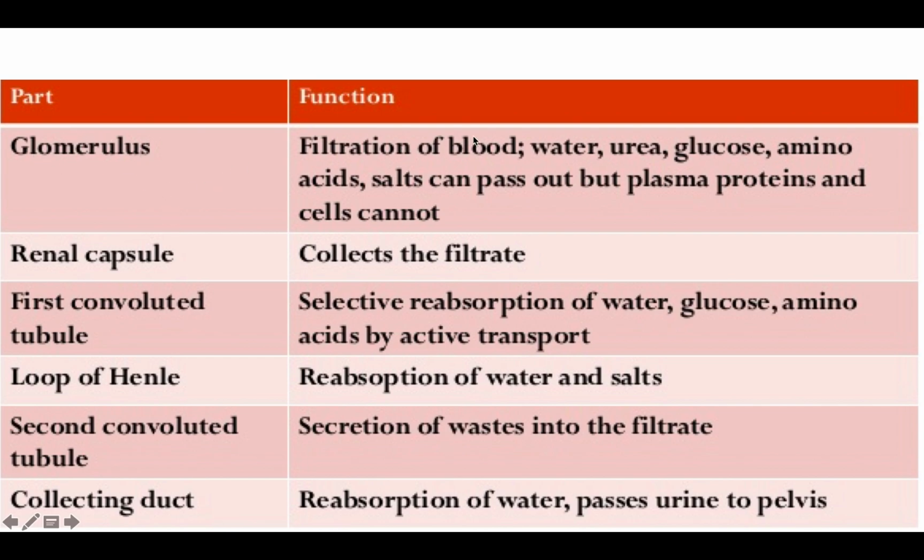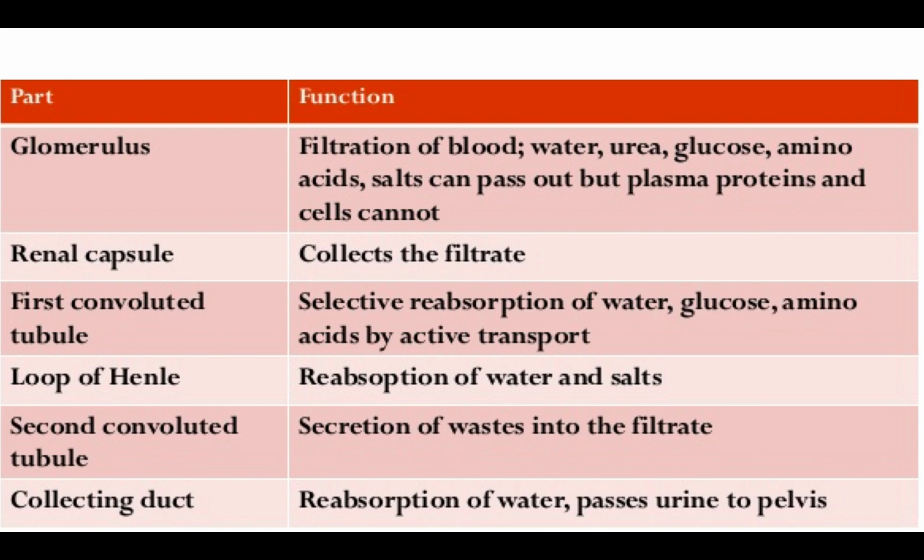The glomerulus is going to be the filtration of blood, water, urea, glucose, amino acids. Salt can pass, but plasma proteins and cells cannot. All of this is going to pass into the renal capsule, and it's going to collect the filtrate. So in your filtrate, you have blood, water, urea, glucose, amino acids, salts.